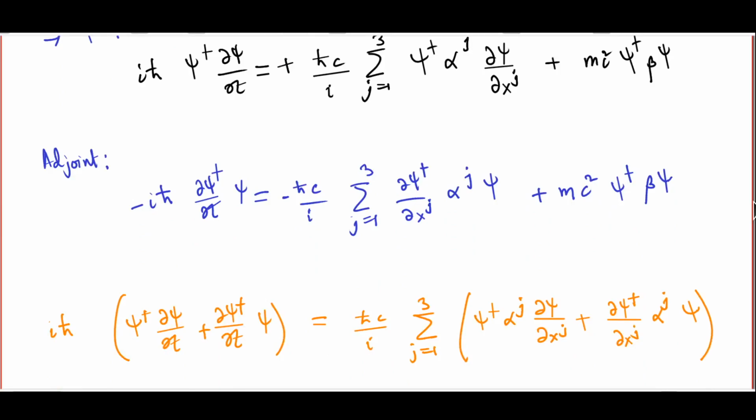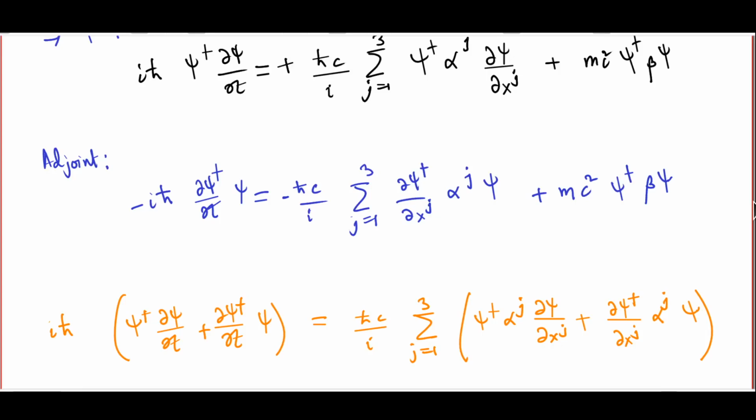The answer is we are looking for the continuity equation. And in the continuity equation, you actually have del rho del t plus divergence of j equals 0. Each and every one of the terms has some kind of derivative or the other. As you can easily see, the term on the left that you have now is a time derivative of psi dagger psi.